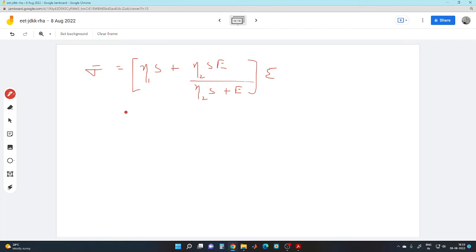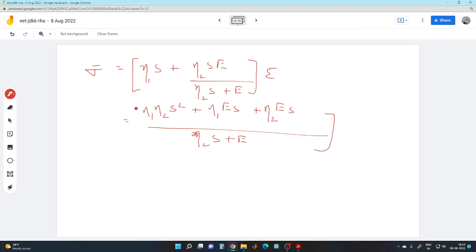epsilon bar. So taking the common LCM here, eta 1 eta 2 s square plus eta 1 E s plus eta 2 E s upon eta 2 s plus E total in epsilon.